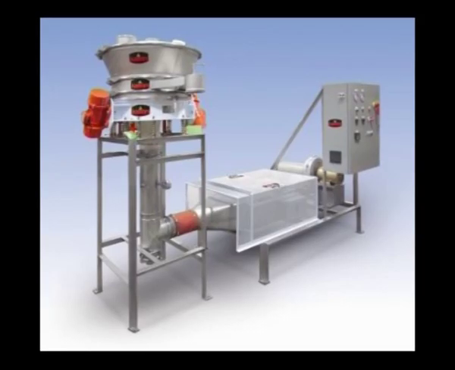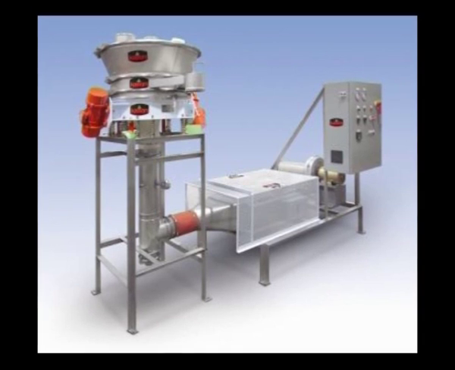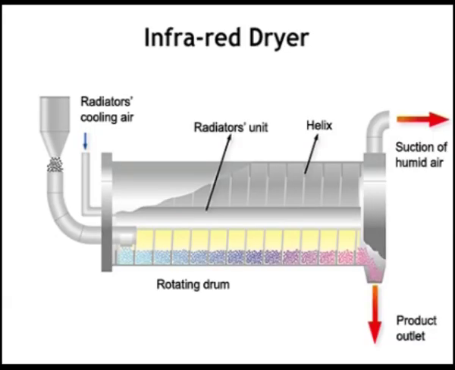High temperatures are achieved by directly burning the fuel, namely LPG. Energy efficiency is very high due to recirculation of hot air. Field assisted dryers include IR dryer and microwave dryers.